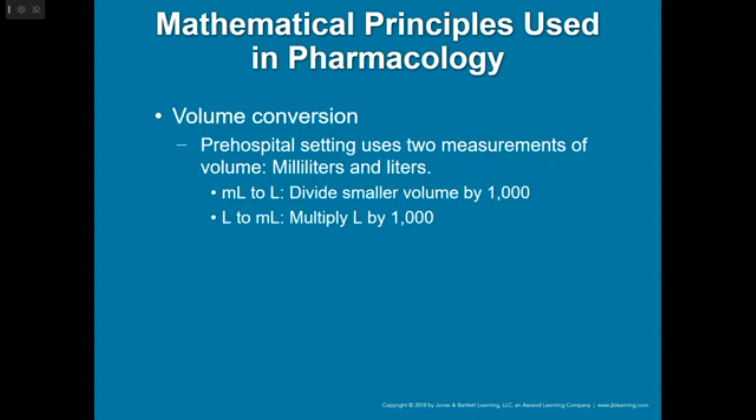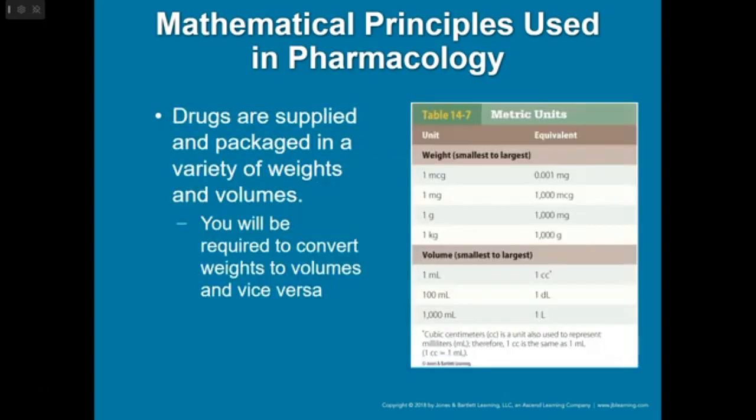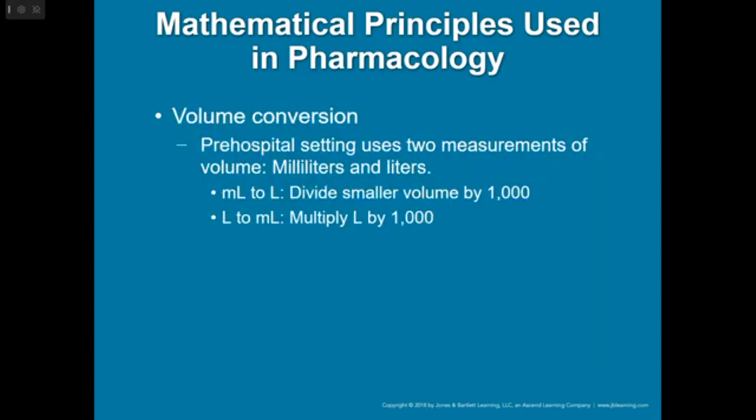Volume conversion. The pre-hospital setting uses two measurements of volume, milliliters and liters. Remember, 1,000 milliliters equals a liter. So if you're converting from milliliters to liters, divide the smaller volume by 1,000.